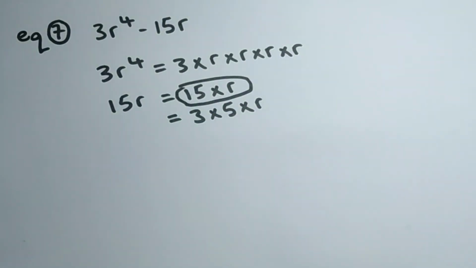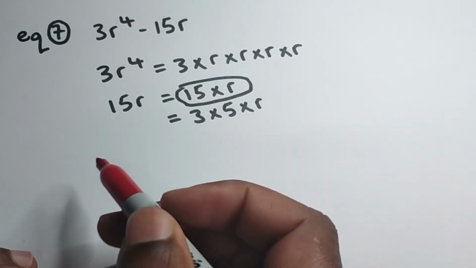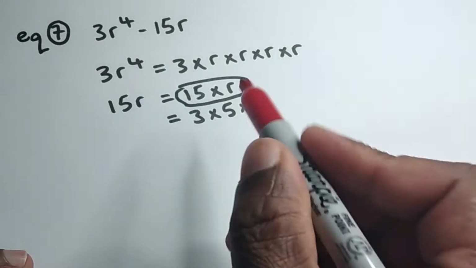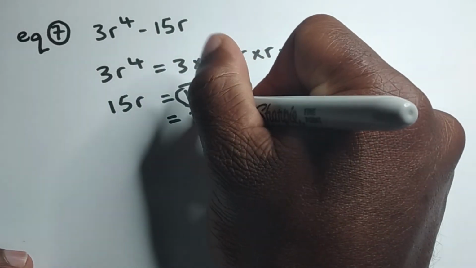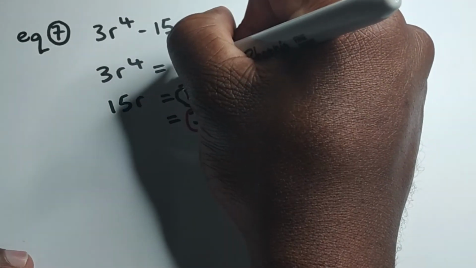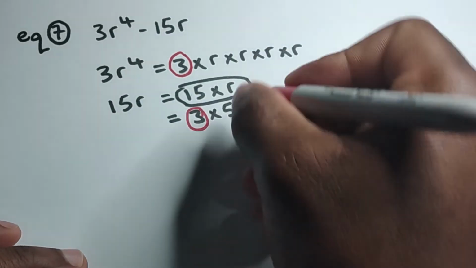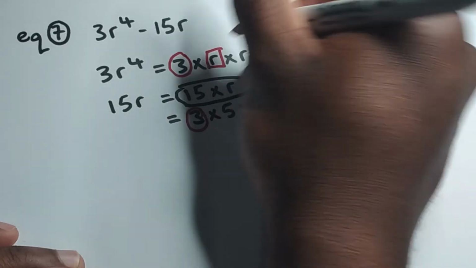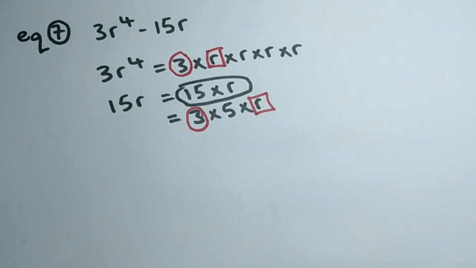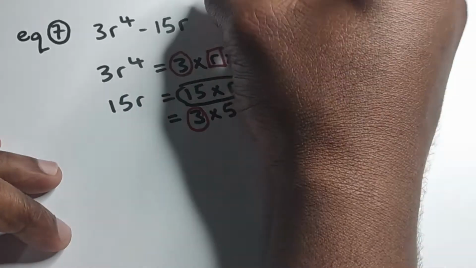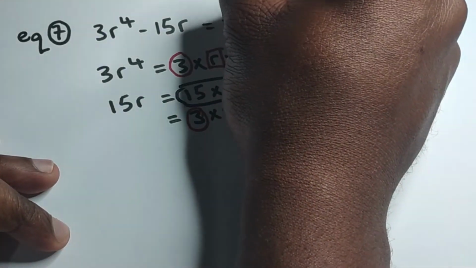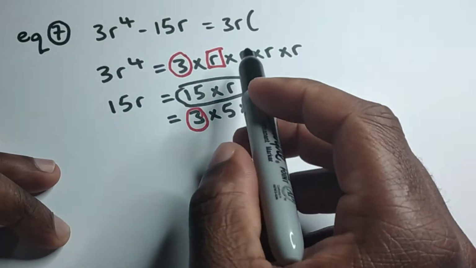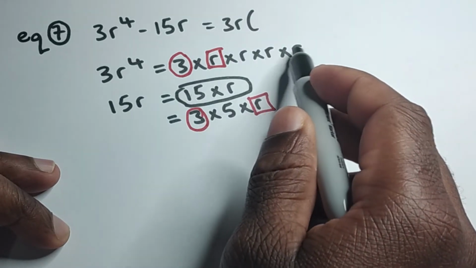Again, what we want to do now is obtain what's common among these two terms. So we look at this, we notice that the 3 is common. We'll also notice that we can get an R which is common, all right? So if we factor out 3R out of this, what will we be left with? We have R times R times R.